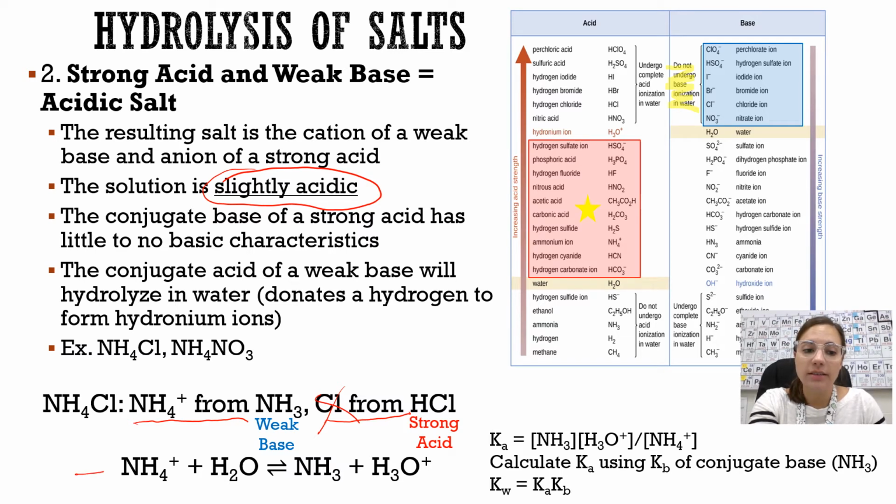And when it does, it's going to create hydronium, which is what makes this slightly acidic. So if we were working a problem with ammonium chloride, we would pick ammonium as the one to hydrolyze with water. And if we were given the Kb of ammonia, we could calculate Ka using our relationship of Kw equals Ka times Kb.